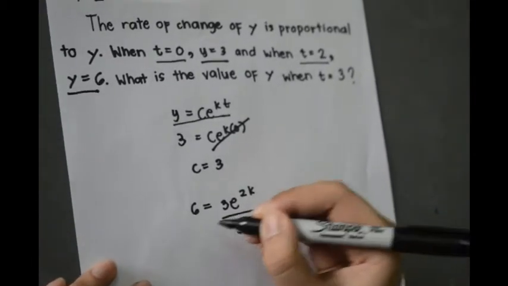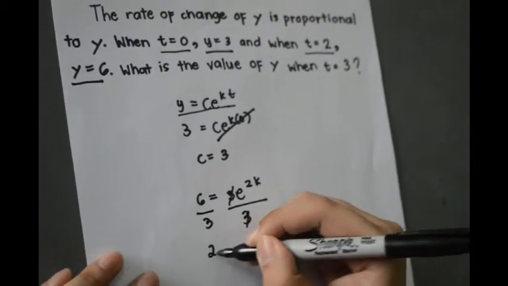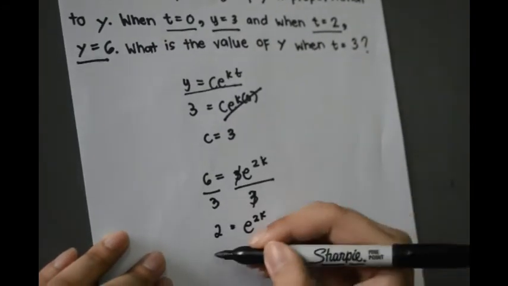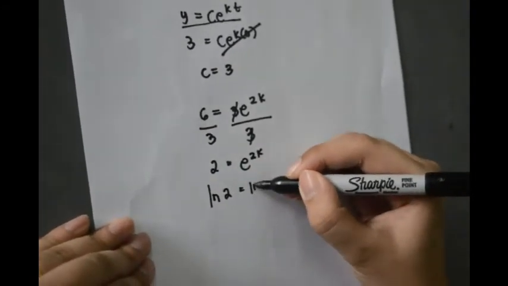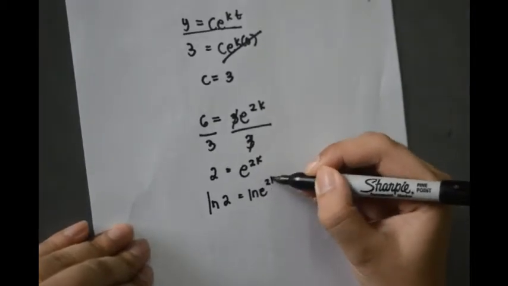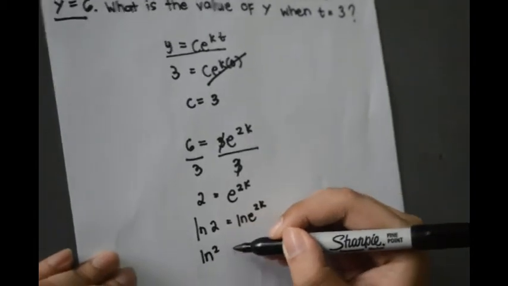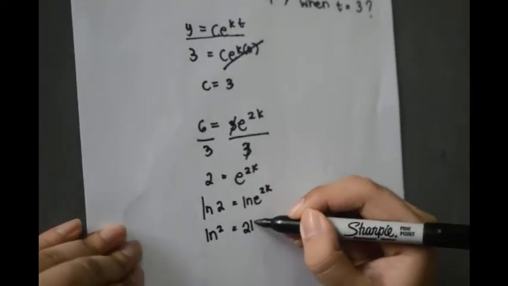To solve for e, we will divide by 3. Then we will take ln of both sides. We will bring down the 2k.